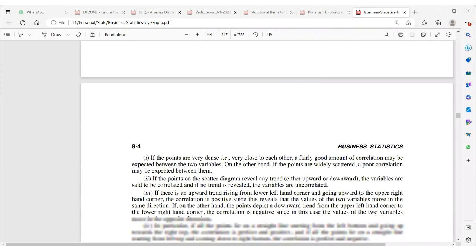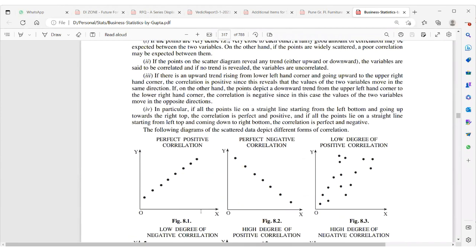If we draw the graph of these data, with the X series horizontal and the Y series vertical, and plot the points, if all the points come in a straight line, that is called a perfect positive correlation.